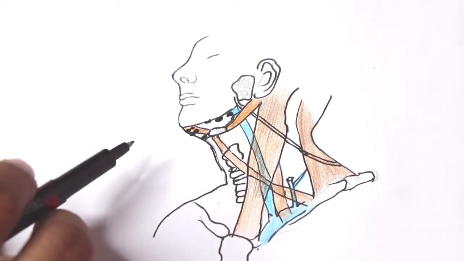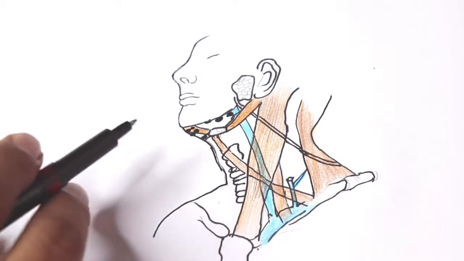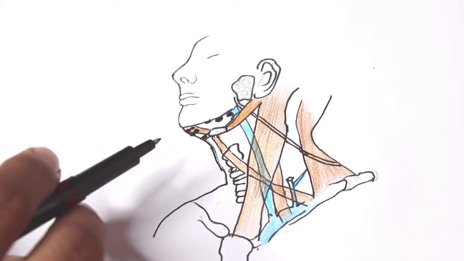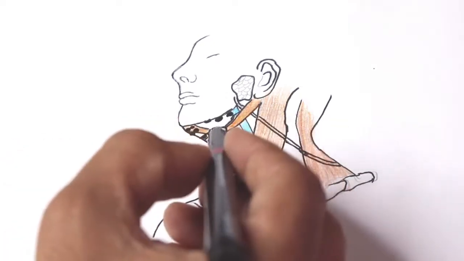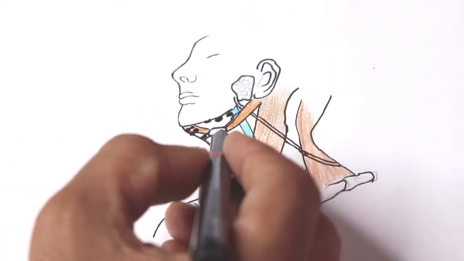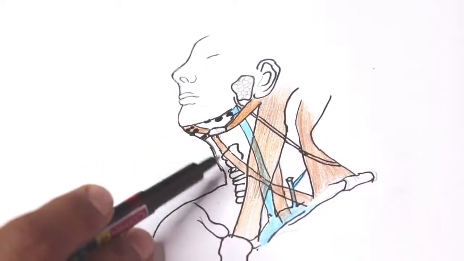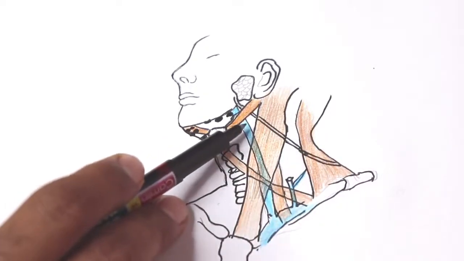The upper boundary is the skull base and the lower boundary is the inferior border of the hyoid bone. So this is the inferior boundary of the hyoid bone.